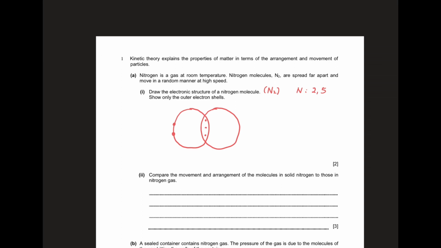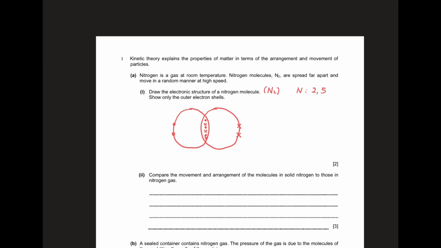Okay, 5 dots for the nitrogen, and then after that for another nitrogen atom, so we use 5 crosses, let's say 1, 2, 3, 4, 5. Okay, so we do it like this.